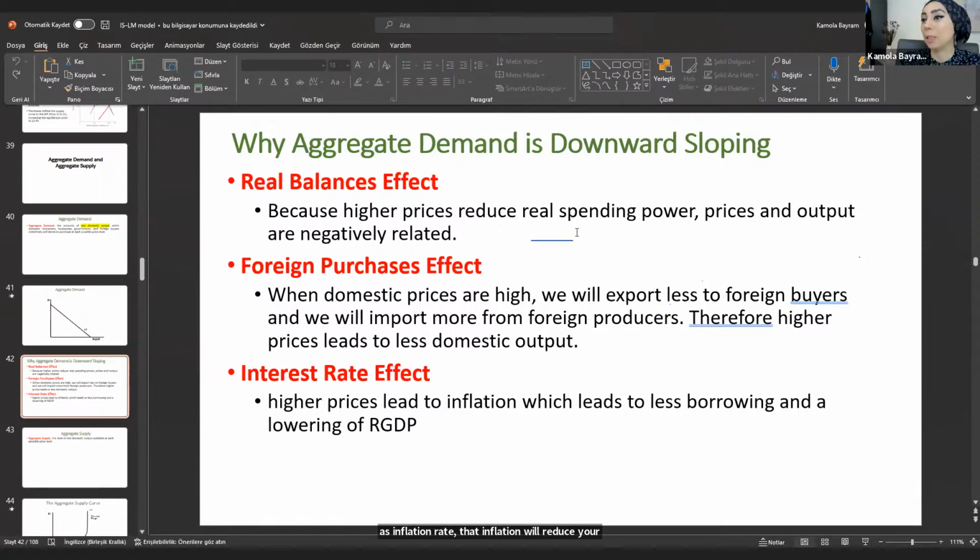That inflation will reduce your purchasing power. Inflation means an increase not in the price of one good, but a general increase in a group of goods. And that increase should not be one-time, it should be constant. For example, if the price of rice increases two times, I'm not talking about inflation. It's just an increase in the price of rice.